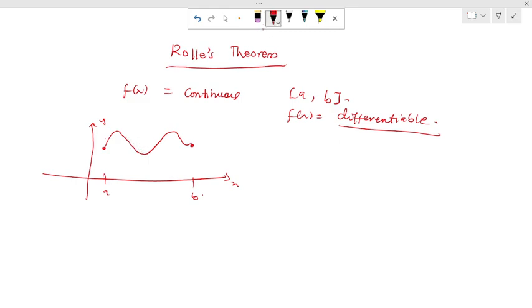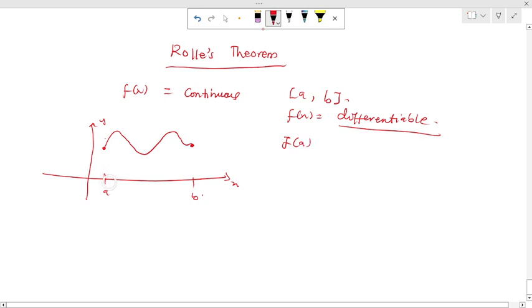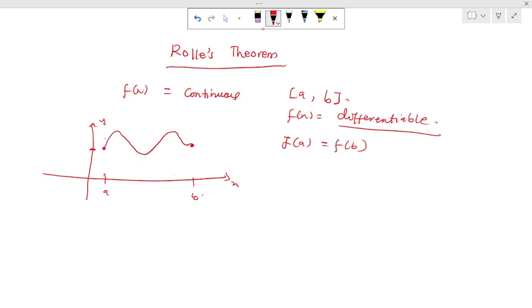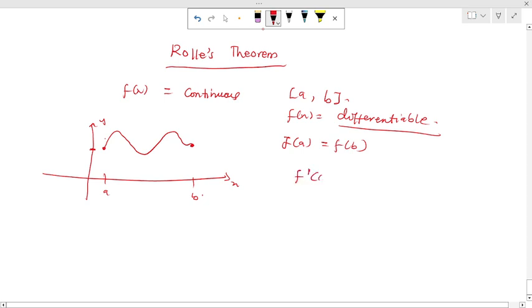So far as you have an interval [a, b] and a function which is continuous over this interval and differentiable, provided that f of a, the output of a, is equal to f of b, the output of b, then this function should have at least one critical point. So there is a number c such that f prime of c is equal to 0.